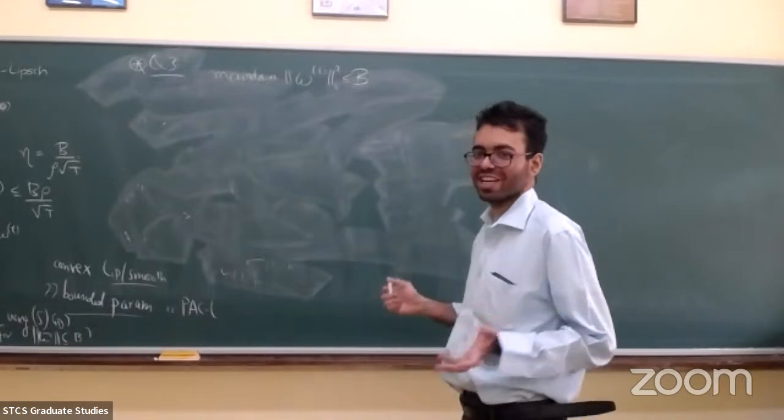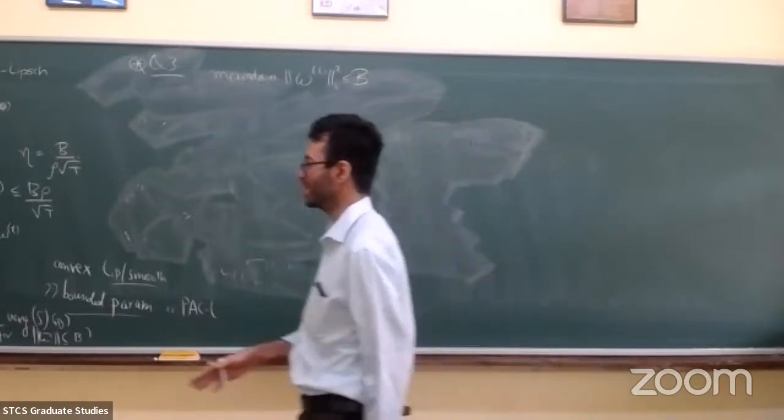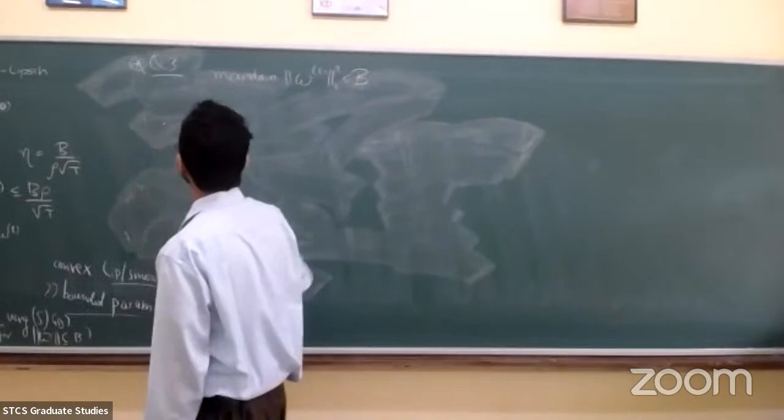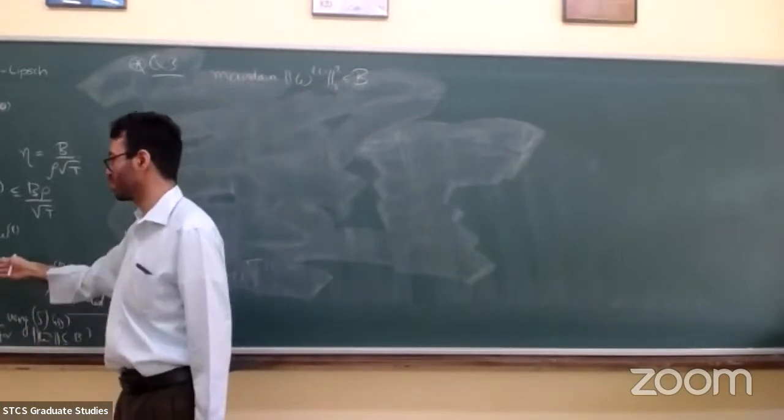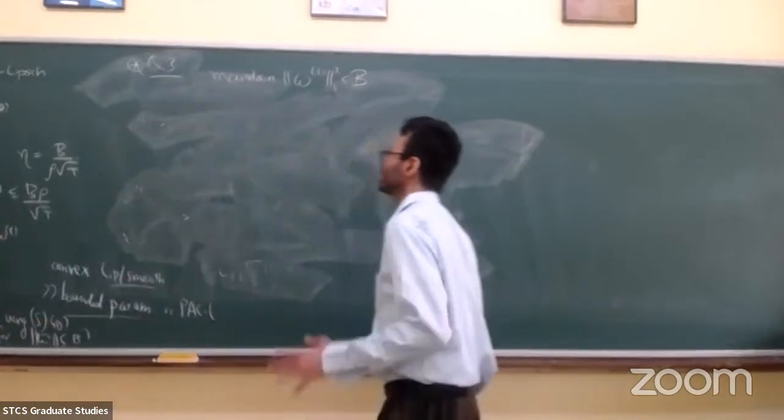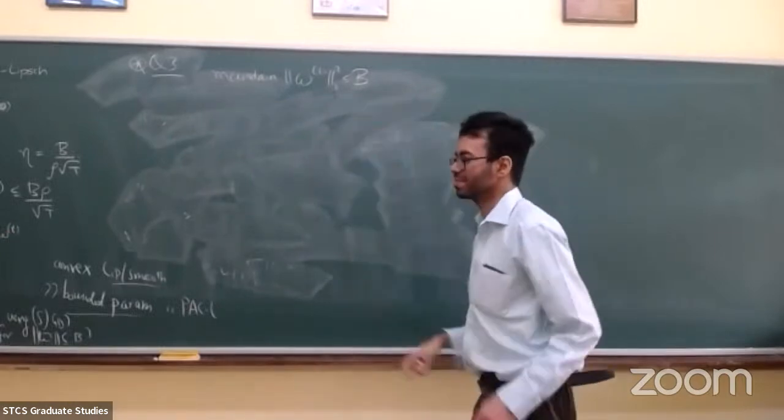We could say it's the triangle inequality. If I add up T things, each of norm at most B, the total norm is at most T times B. So it's enough to maintain this.